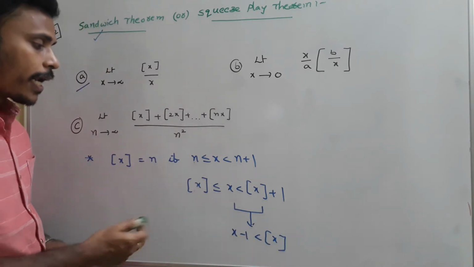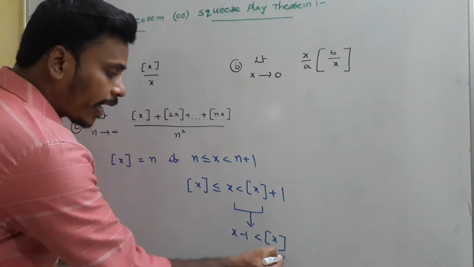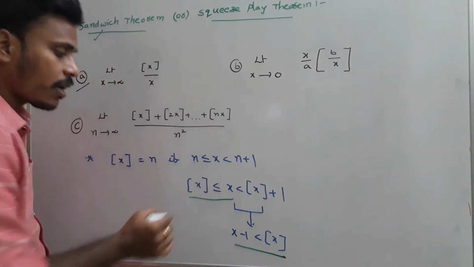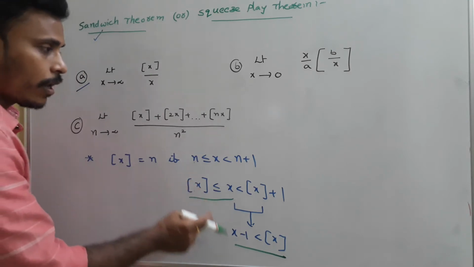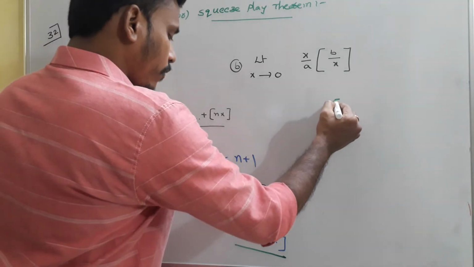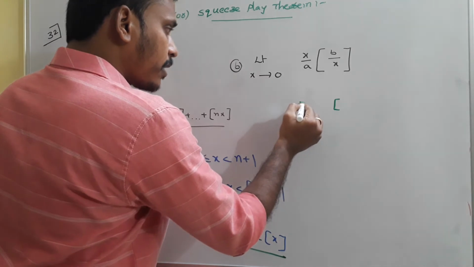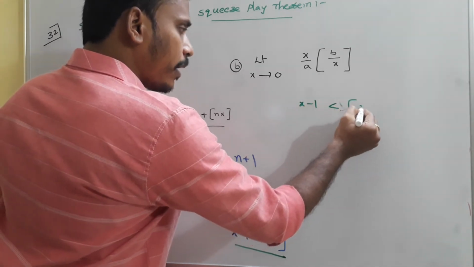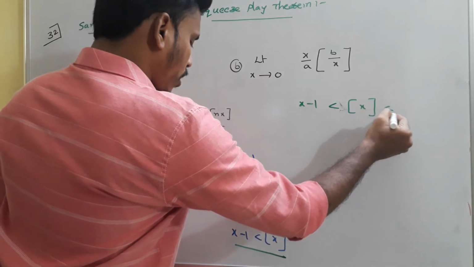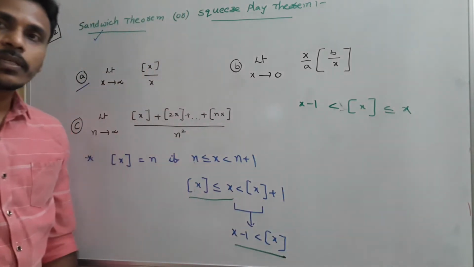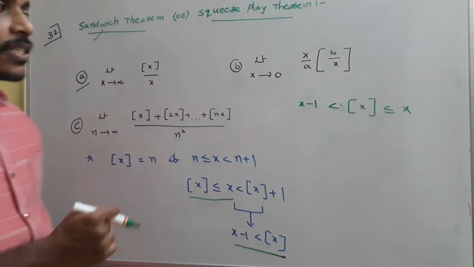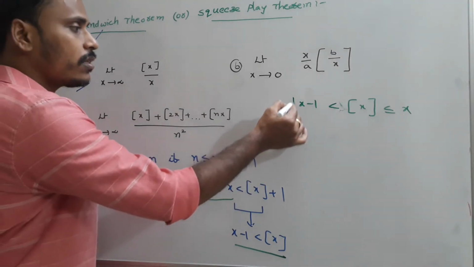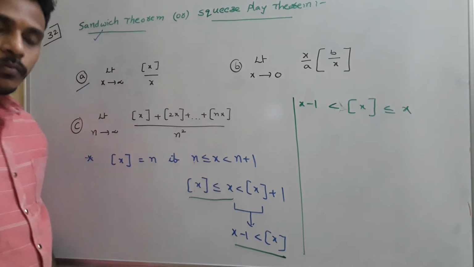Now pay attention to these two things: x minus 1 less than floor x is one idea, floor x less than or equal to x is the other. When you combine these two, we have x minus 1 less than floor x less than or equal to x. So this is the required inequality for us.